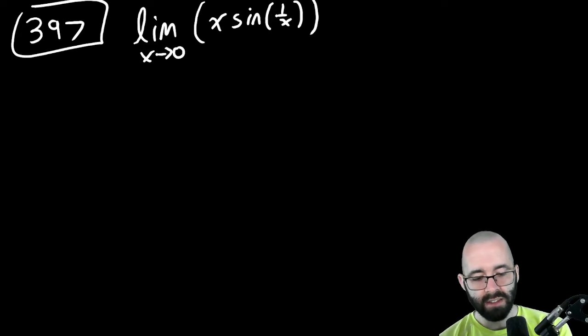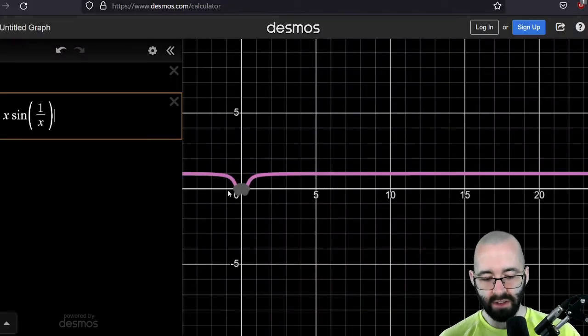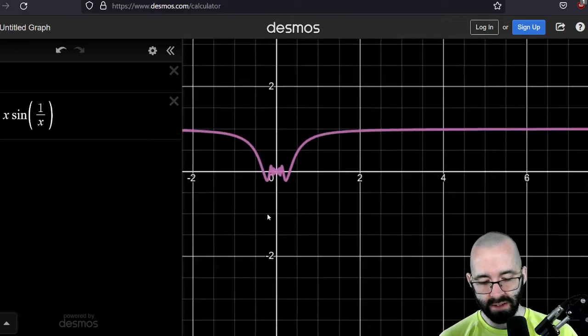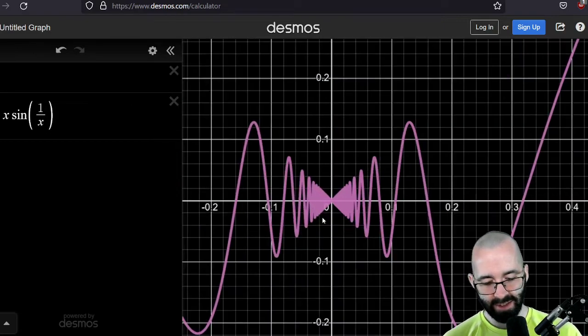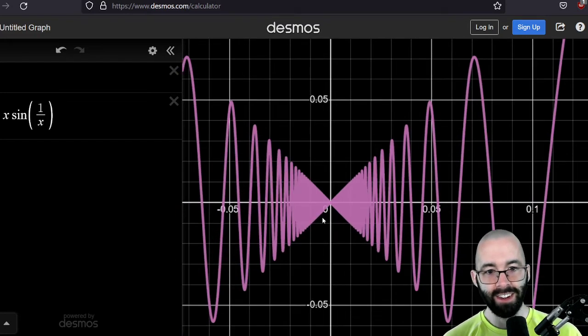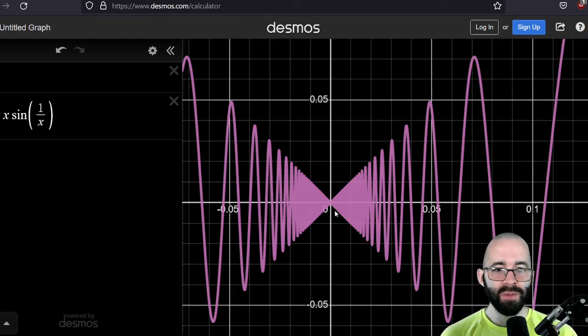So graphically, how does this function behave as x gets close to 0? It's kind of hard to see. Let's zoom in. Oh man, it's doing some weird things. Remember, we proved this with the squeeze theorem. You can see it visually.